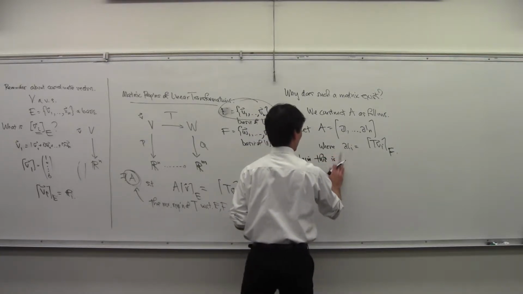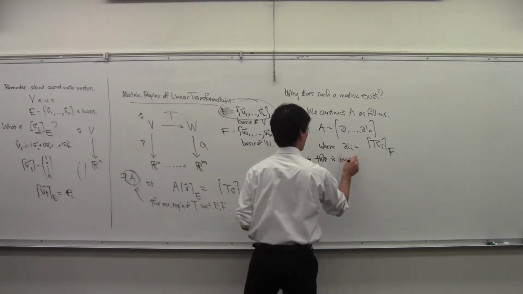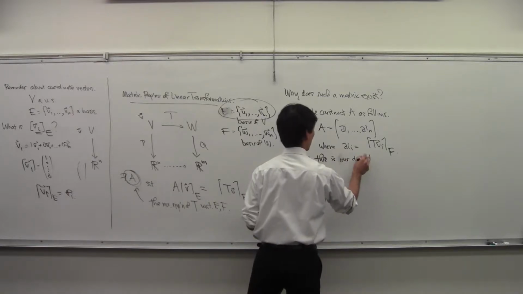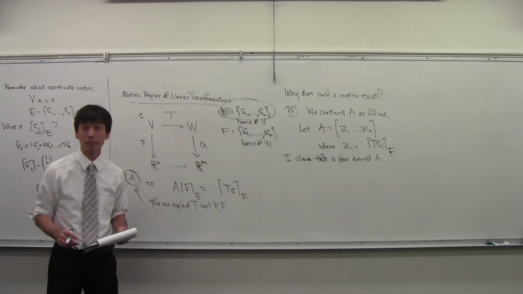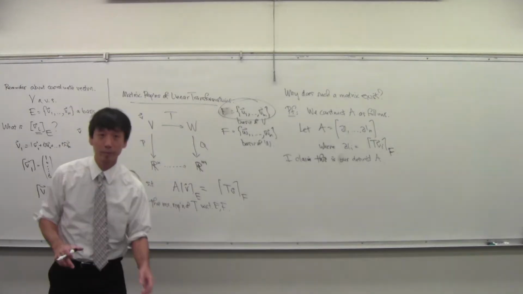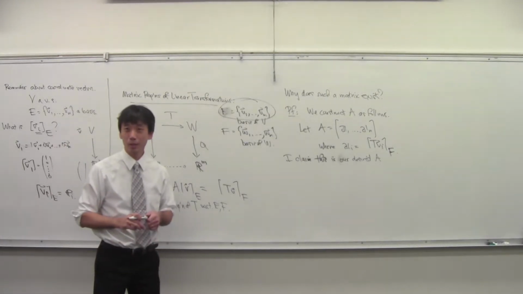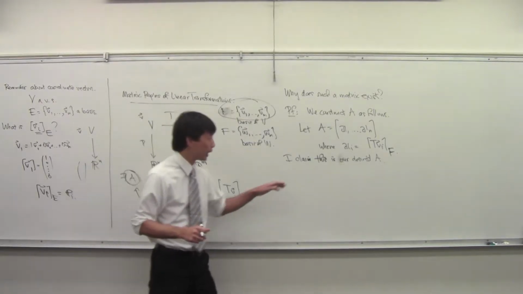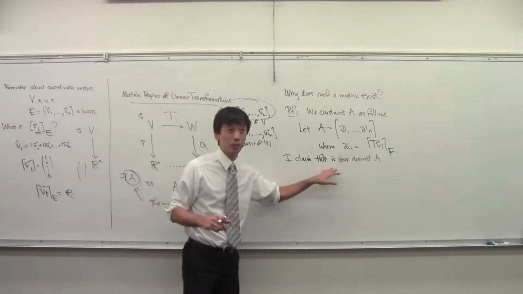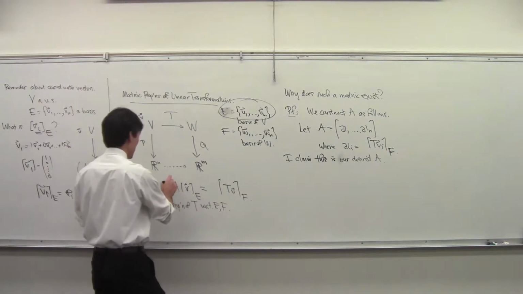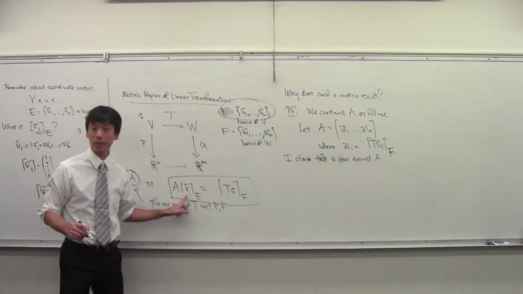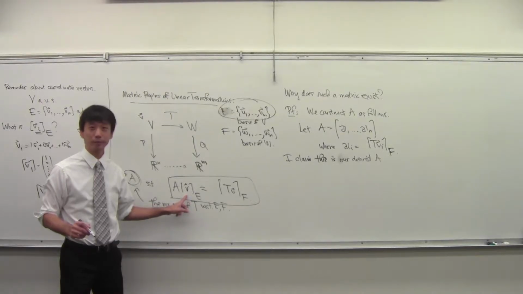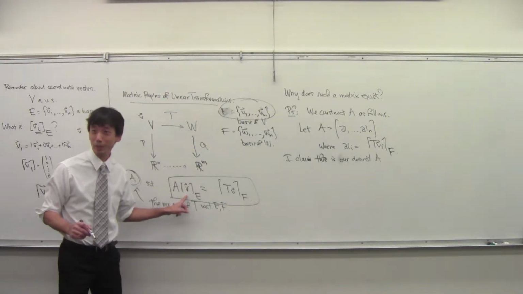This is our desired A. So what do we need to do to show it's the right A? We need to show that it does this, right? We need to show that it has this property. Okay, everybody all right?